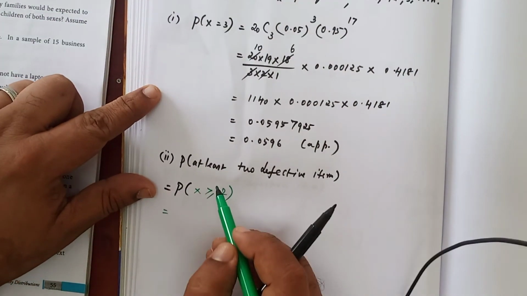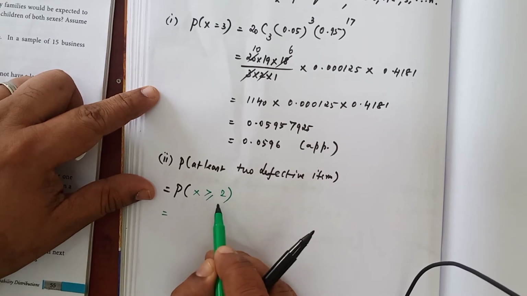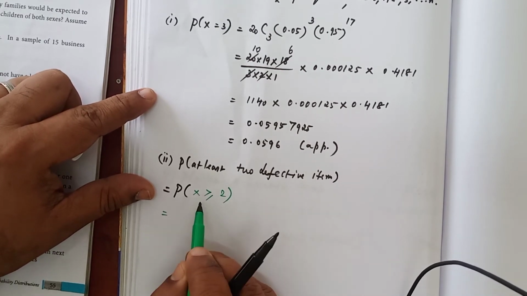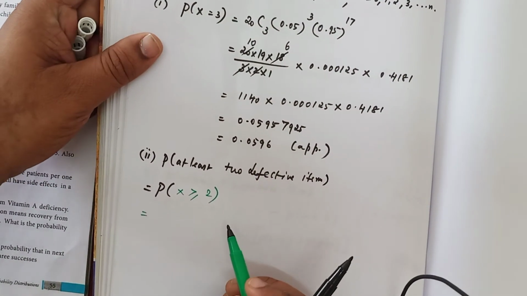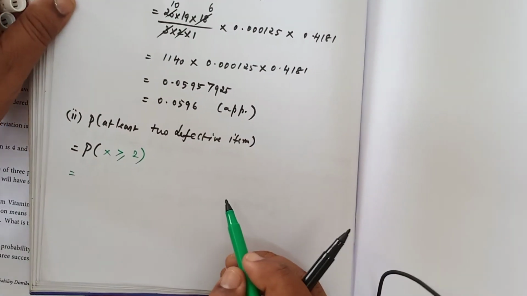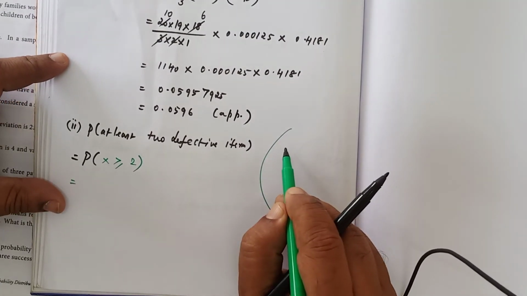This is the small x value. Small x value 2 means 2 to 20, because we have greater than or equal to. 2 to 20, 18 values are there. For finding all the 18 values, we can apply a very useful property here.